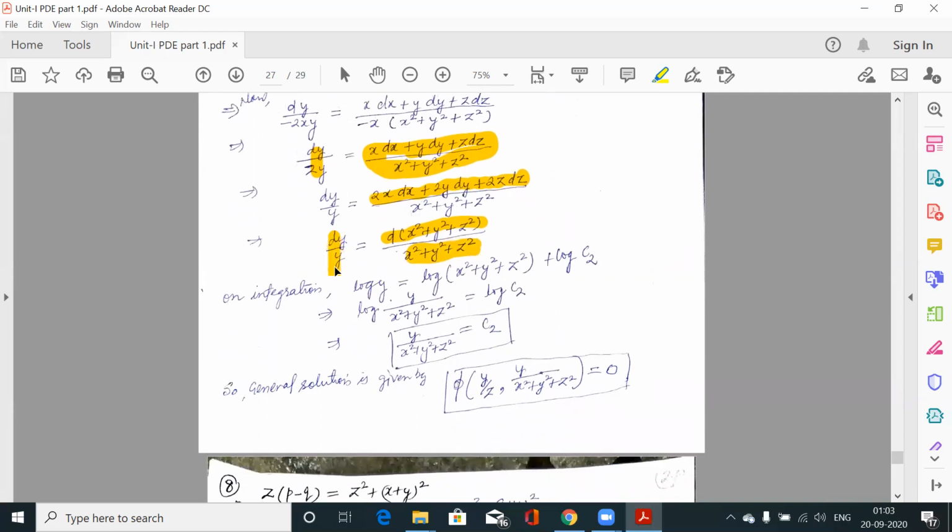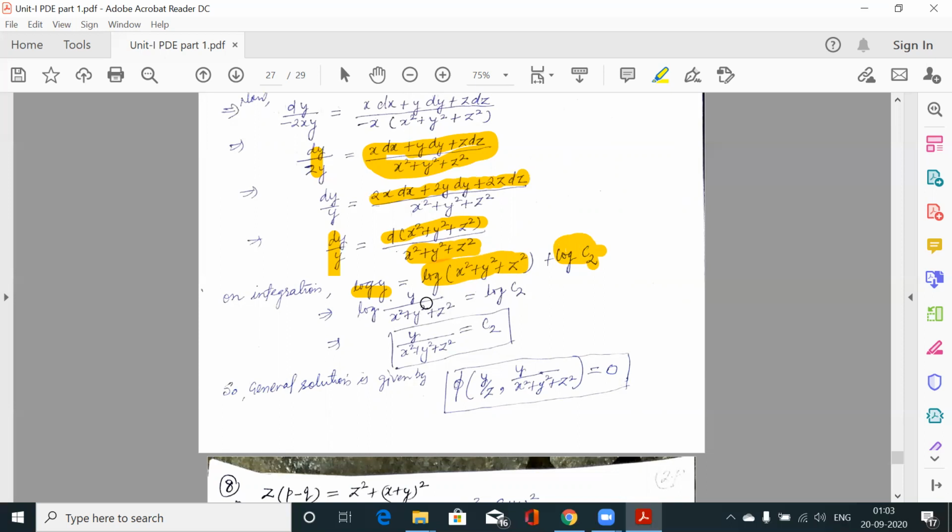So dy over y, integration is log y, and this is again d of something divided by something. This is like dx over x. So what would be the integration? Log of denominator. So log of x square plus y square plus z square plus one integrating constant, which is log c2.